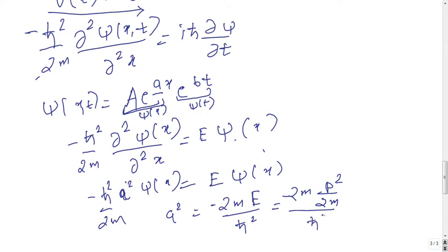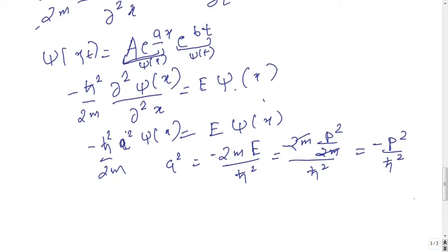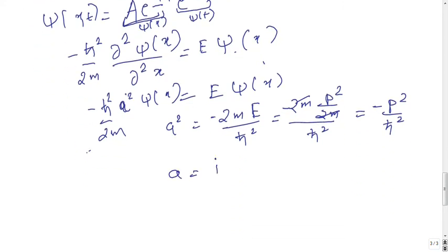With the 2m cancelling, we get p squared by h bar squared, and a would become iota times p by h bar. So p is nothing but the value of the momentum corresponding to the energy eigenvalue E. It's not an operator but a number.